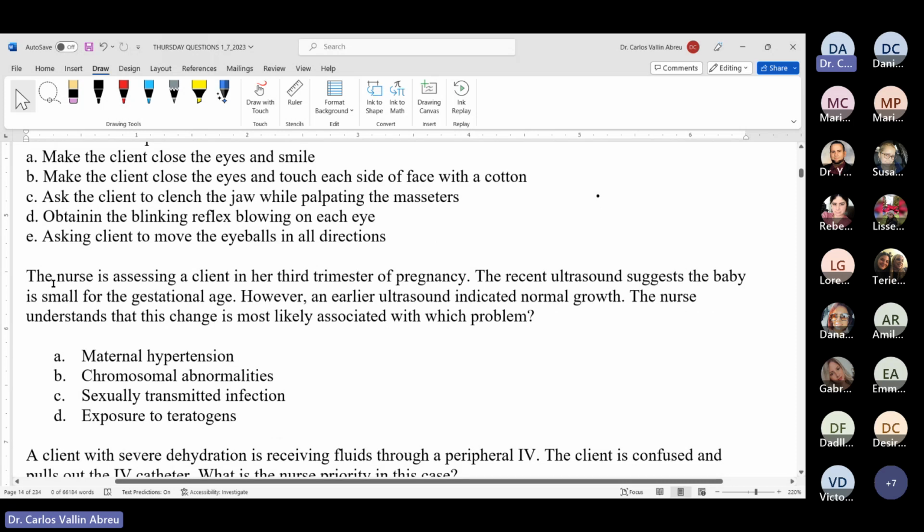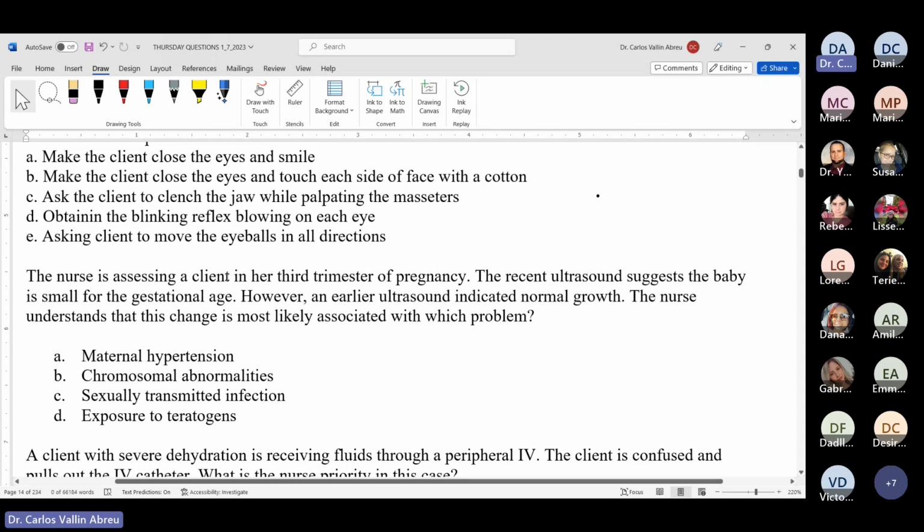The nurse is assessing a client in her third trimester of pregnancy, the last trimester. The recent ultrasound suggests the baby is small for the gestational age. Okay, there's a problem there. The baby is not growing as fast as expected. However, an earlier ultrasound indicated normal growth.